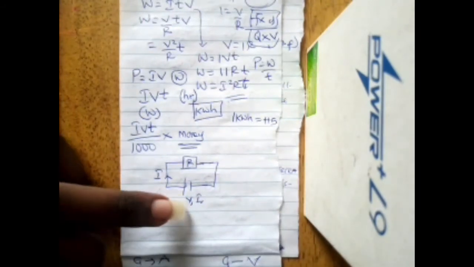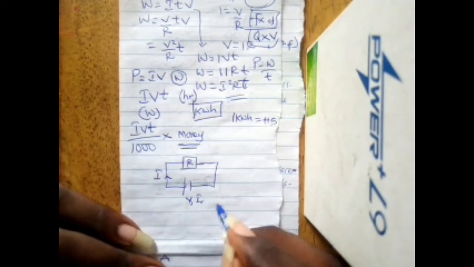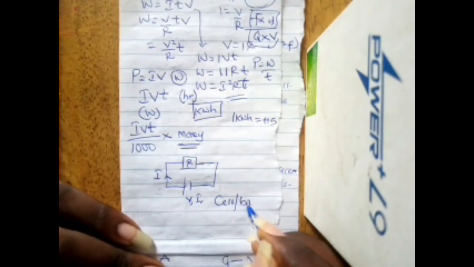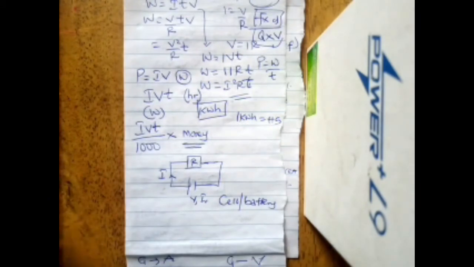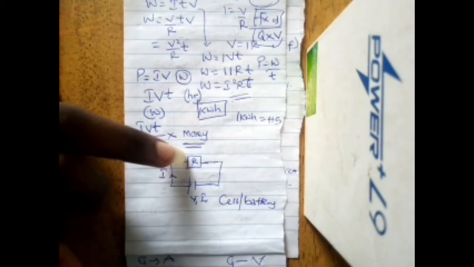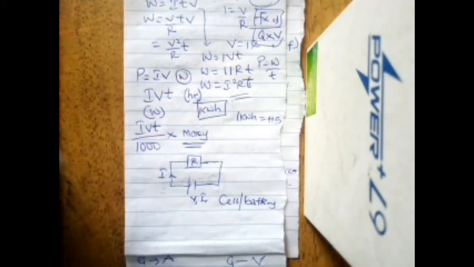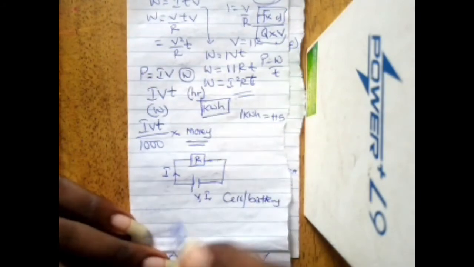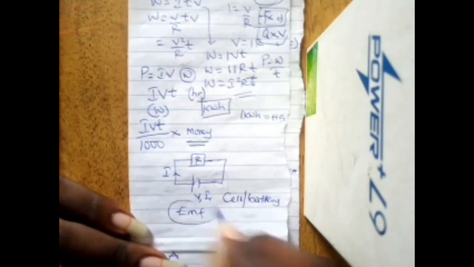This is a source of electrical energy, a cell or, say, a battery. It converts chemical energy to electrical energy. The force required to keep this current circulating throughout the circuit is what is referred to as the electromotive force.